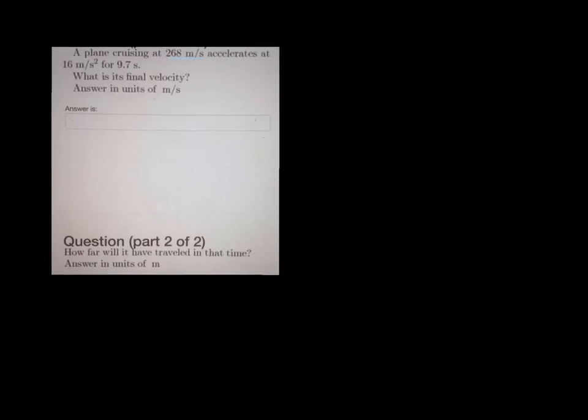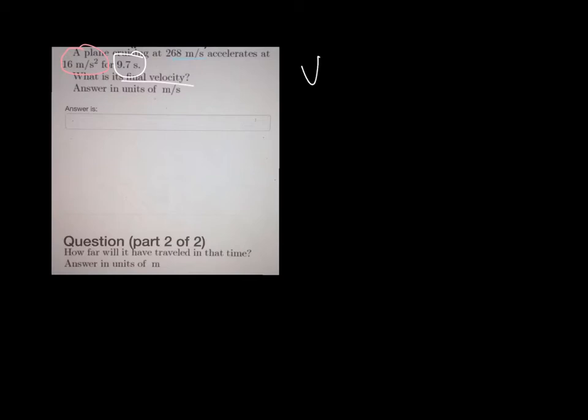Alright, so we've done these problems on your homework, but now this is just a little bit of review. You've got a plane that is cruising. It has an initial velocity here, then it has an acceleration here, and then it has a time here. So that means we are solving for final velocity.